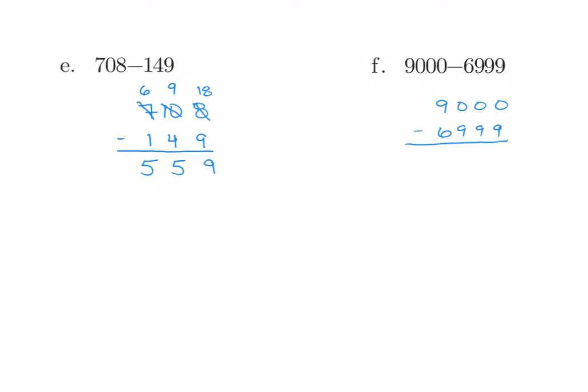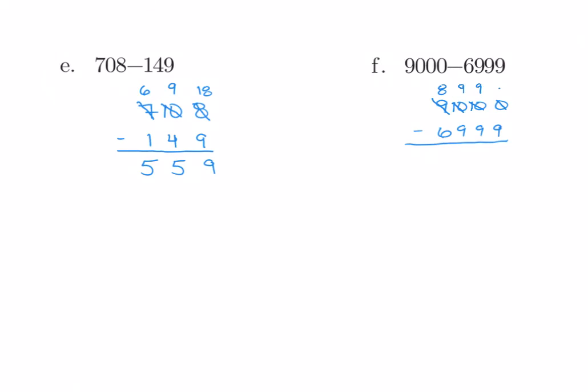So if we do that, we're going to subtract 1 from 9. It becomes an 8. My first 0 becomes a 10. Now I can borrow from it, so it becomes a 9. My second 0 becomes a 10. I can borrow from it, it now becomes a 9.